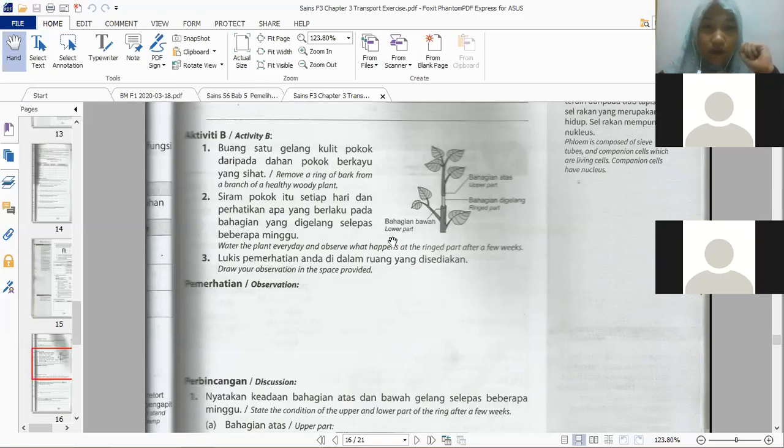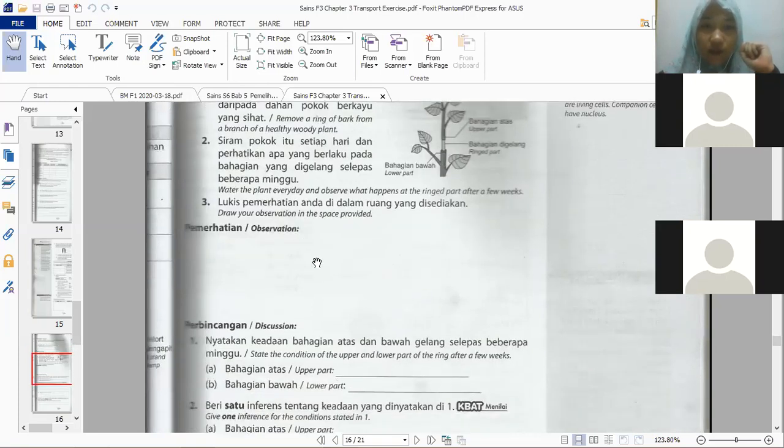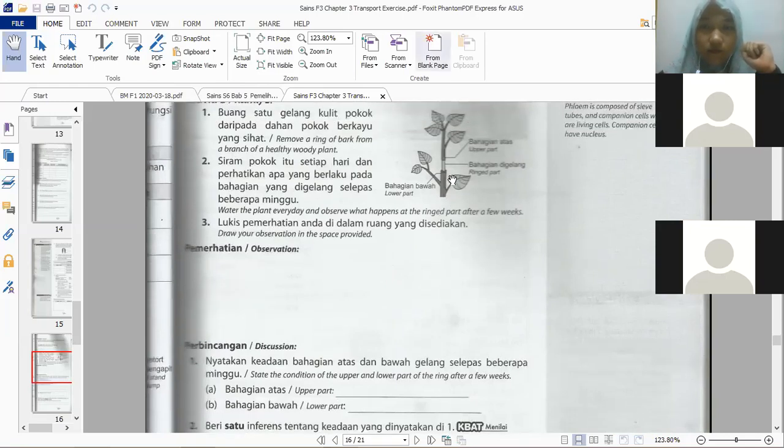Phloem. Right. So this one you have to draw your observation. How do you draw this one? What is the observation? The teacher has to draw this because this also comes in the exam. So it must be like this. So how do you draw this? Where is the swollen part?